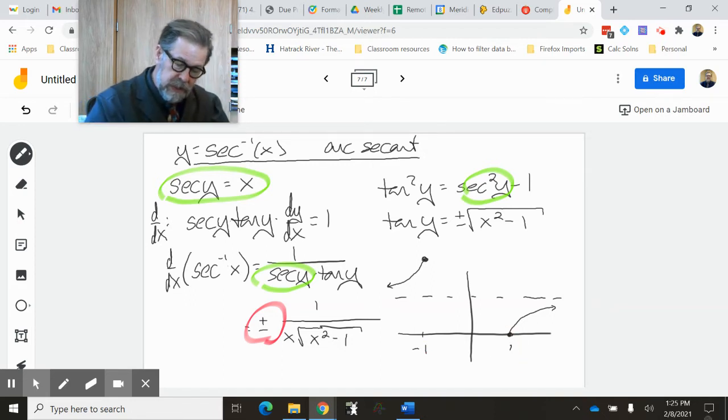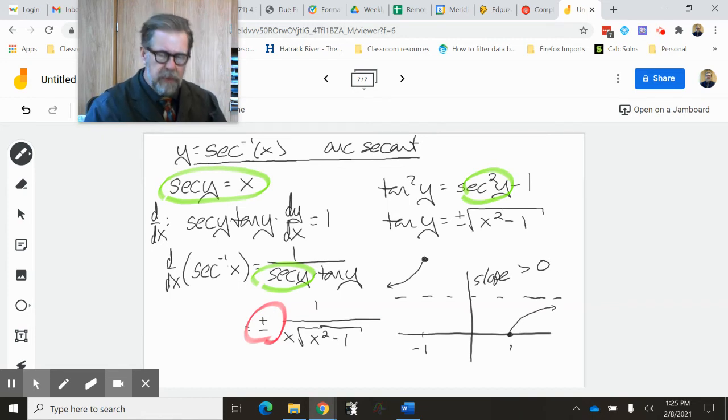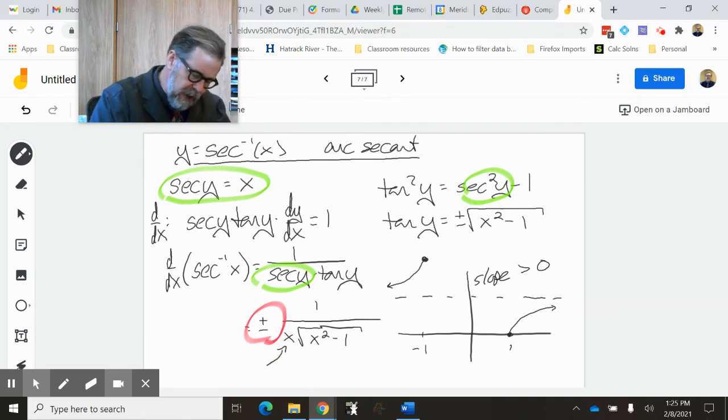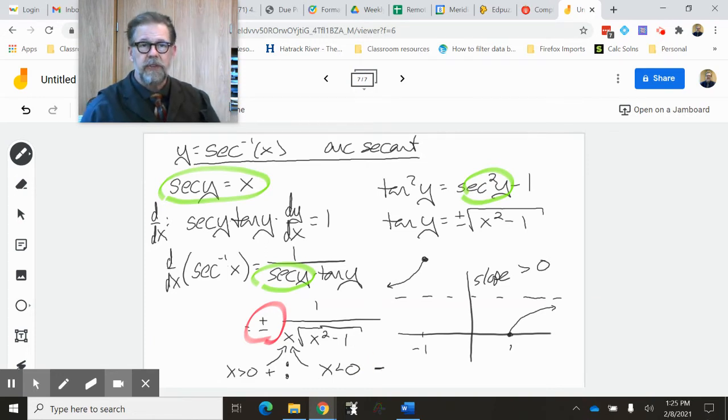Well, notice that the slope of this function is greater than 0 for all values of x. The reason we end up with a plus or minus is because if x is greater than 0, I'm going to use the plus. And if x is less than 0, I'm going to use the minus to ensure that it's always positive.